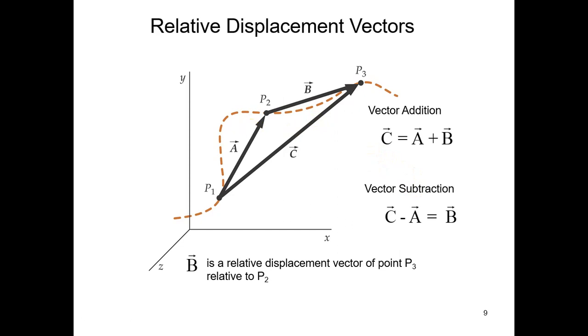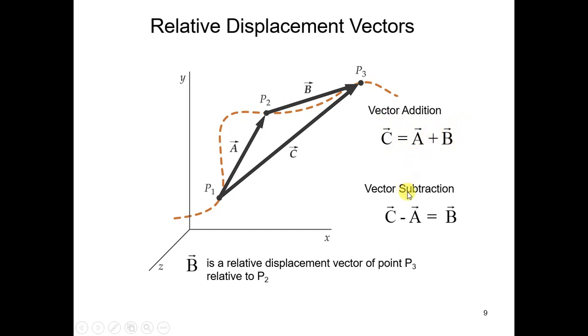So p1 p2 is vector a, and p1 p3 is vector c. If we add vector a and vector b, we get vector c. So vector c equals vector a plus vector b.